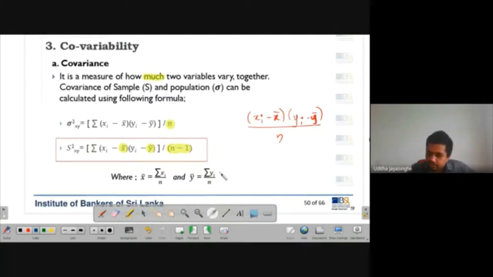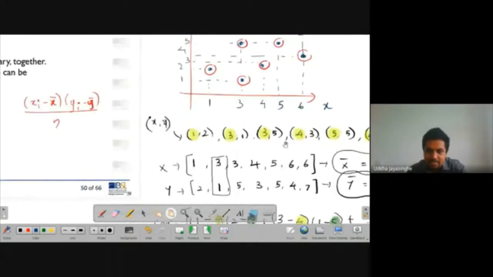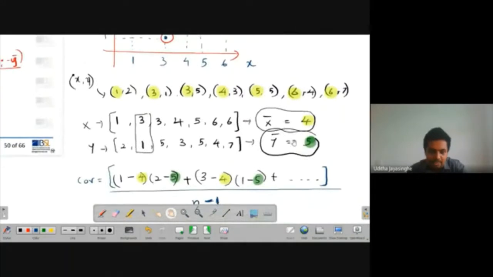Let me try to answer this question. Actually, this is a very fictional value. I didn't calculate y bar. If you calculate y bar, what's the correct value? 2 plus 1 plus 5 plus 3 plus 5 plus 4 plus 7, divided by 7. It's going to be something like 3.8.